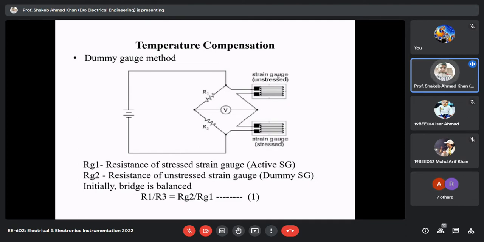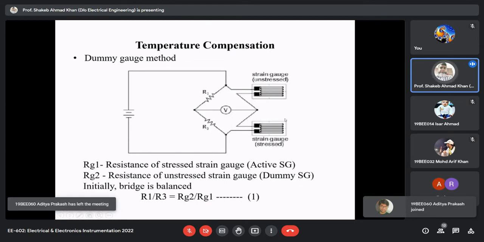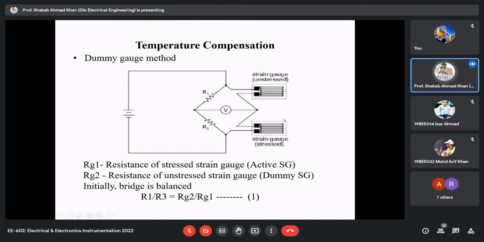Like if we want to measure the strain of a beam or a cantilever, we are required to bond it through a certain adhesive to the structure. But this one is not bonded, it is kept nearby in the same environment, but not bonded to the structure.